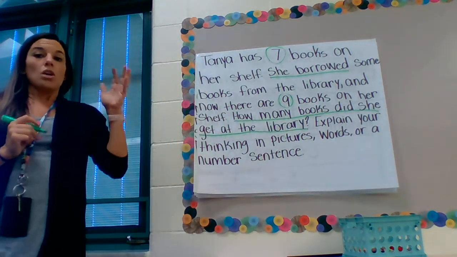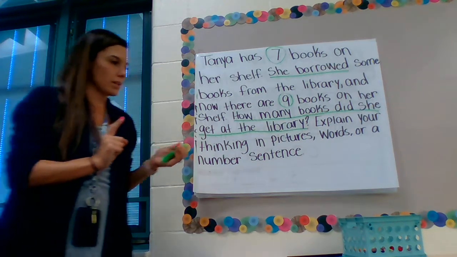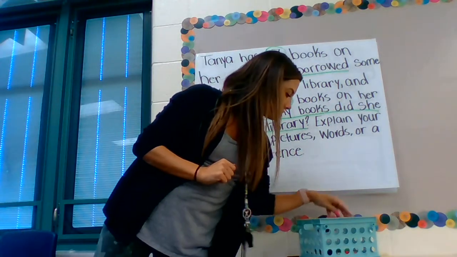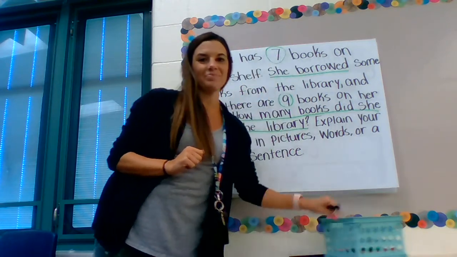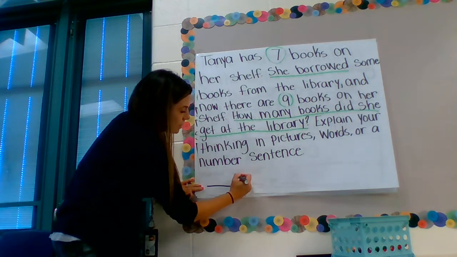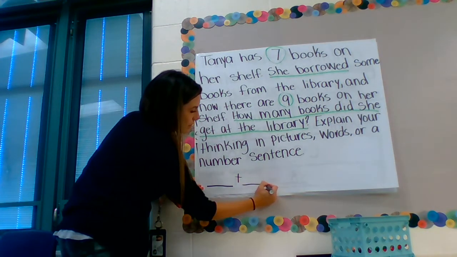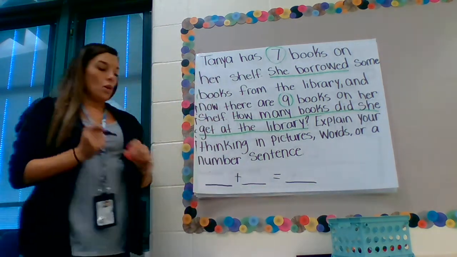Okay, so I'm going to start this problem with my number sentence, and I'm going to show you why. Where's my marker? Oh, there it is. Okay, so remember our number sentence: a number plus another number equals the total number.